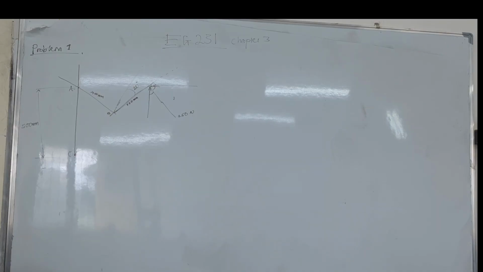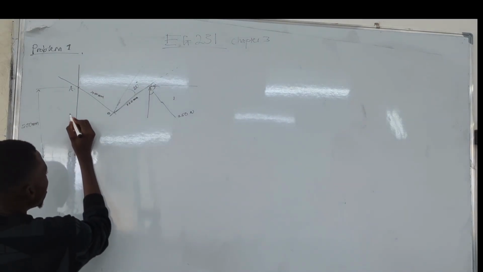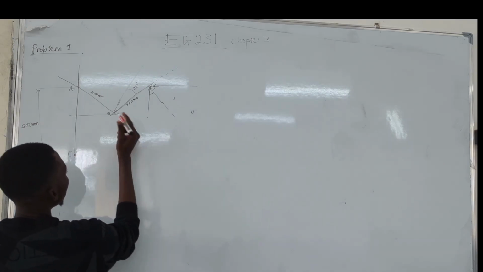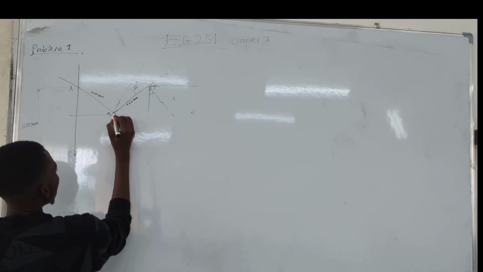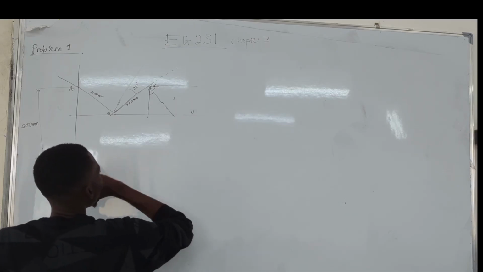This missing angle will help us find the components. For this case, we are going to draw a straight line passing through point B.